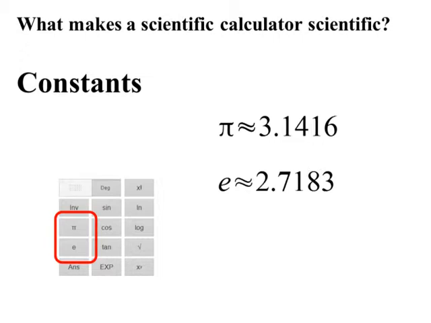That's where the word irrational comes from, because you can't write them as ratios. If you push one of these buttons, pi or e, the calculator will approximate the value to about 10 or 12 decimal places. These numbers both come up all the time in math and science, so it would be a real pain to try to remember the approximations and type them every time you needed them.